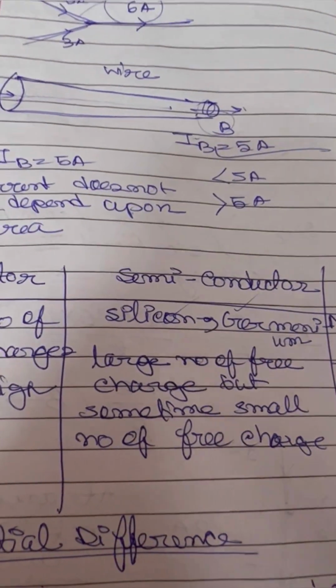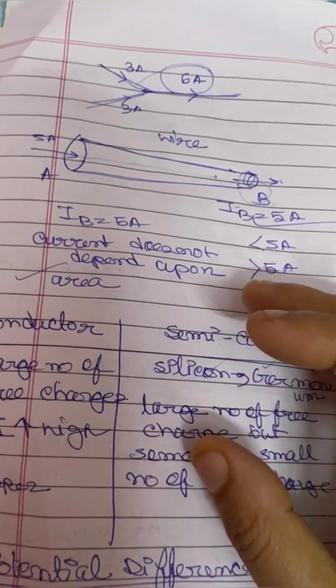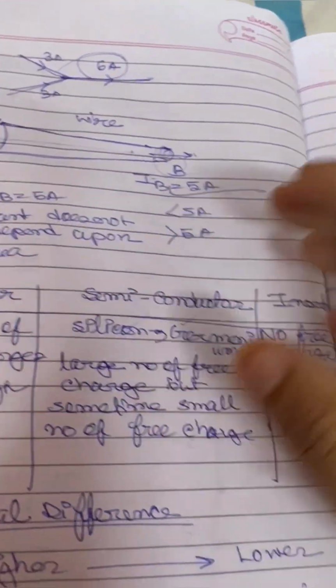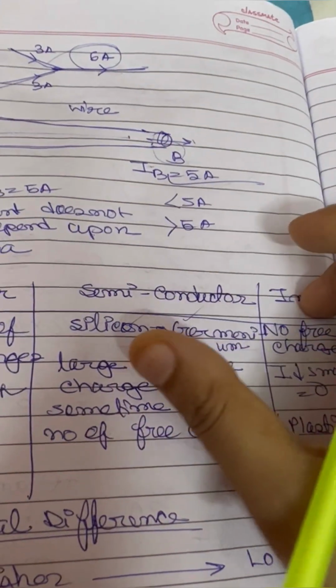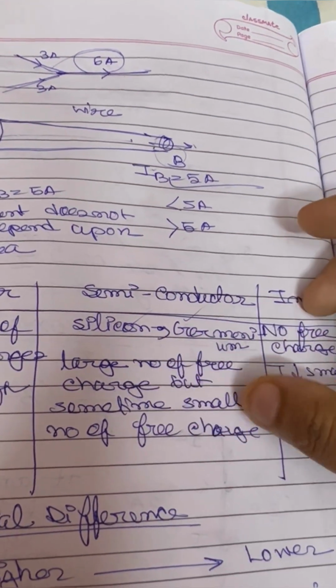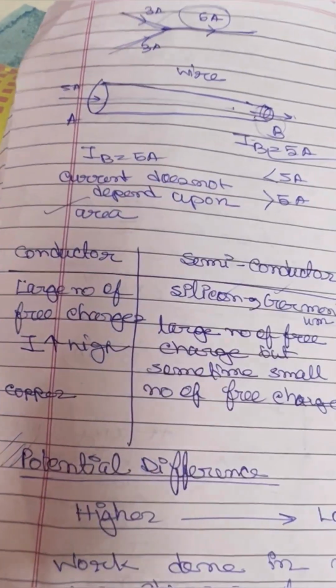Semiconductor means they can conduct electricity but not so well. That's why sometimes they show properties like a conductor and sometimes like an insulator.